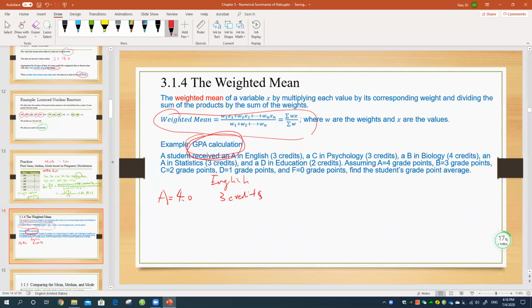That's the first piece of information. And then a C in psychology. C means the student receives 2.0 for a 3 credit course. Let's write it this way. That's for English, 3 credit. And that's for psychology. And then a B in biology. B received 3 points and then 4 credits.